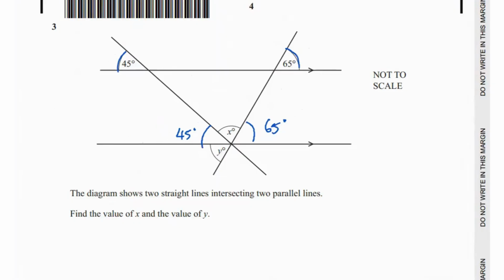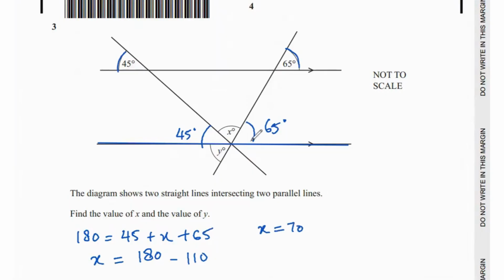So as you can see, this is a straight line. And the sum of angles on a straight line is equal to 180 degrees, which means 180 equals 45 plus x plus 65, which means x is going to be 180 minus 110. So x is 70 degrees.